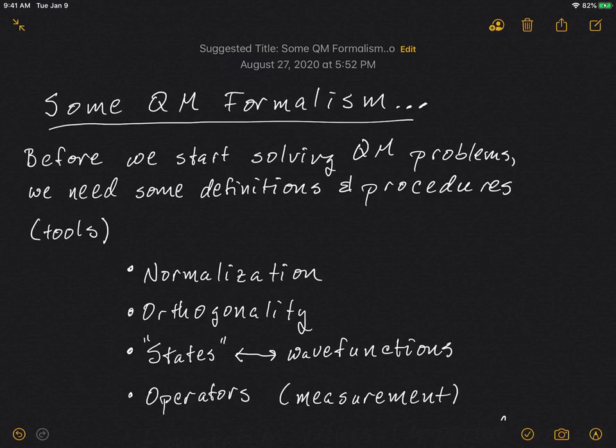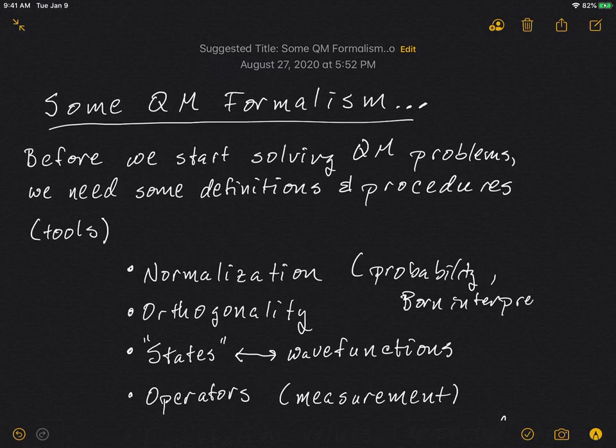So some of these concepts are normalization, which is related to this Born interpretation that we introduced in the last video. So it's related to probability and the Born interpretation of the wave function as being a probability density function.